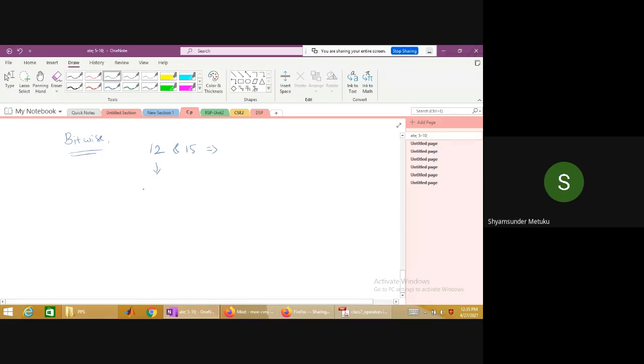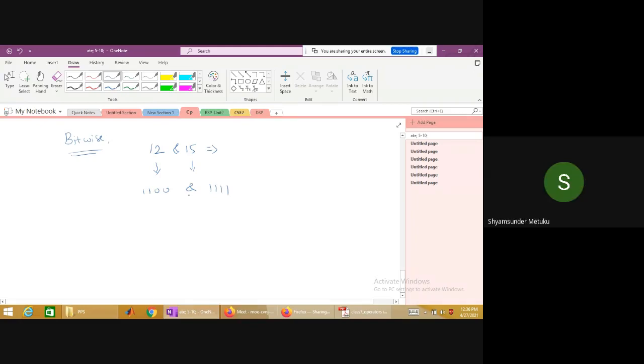Everybody try and tell me. One group can try for 15 and another group can try for 12. Yeah, 12 is 1100. What about 15? Simple, all ones, no? Maximum value. Yes, sir, 4 ones.